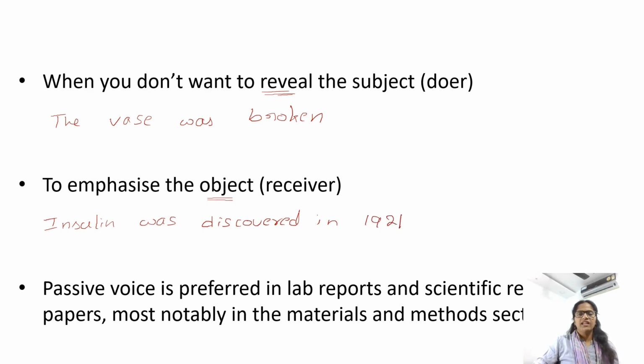Here we want to focus on the object. What is the object here? Insulin, right? We just want to emphasize insulin, the object or receiver of the work, not the doer of the work. In such a case, we can use the passive form.